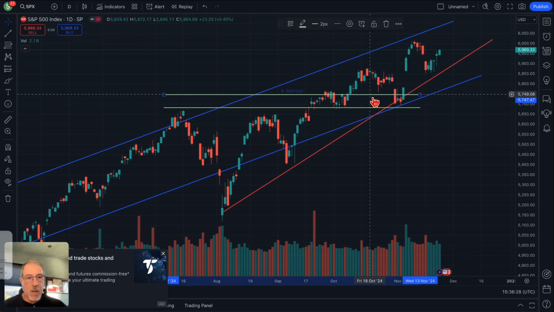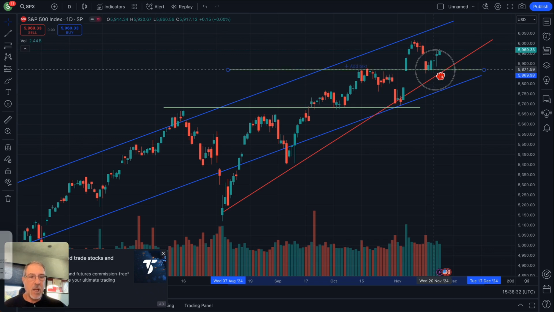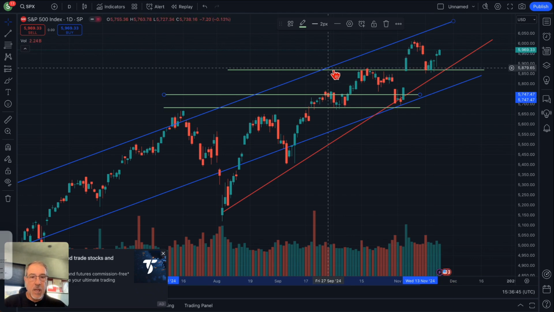Then I can also make a copy of this one, and we get the same effect. This had been resistance, we came back up to it, resistance, then we popped through it. Now that resistance line becomes support. And then, of course, our ultimate resistance line right now is the all-time high.